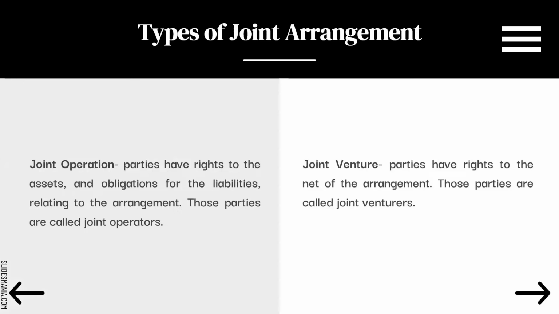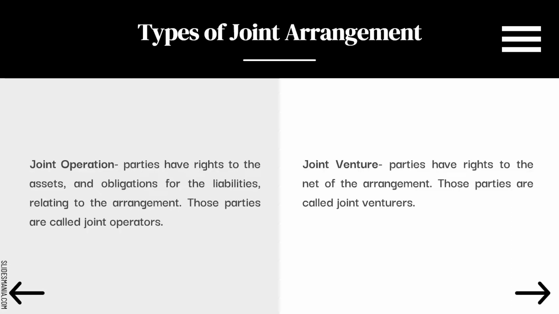So at first glance, if we will check the definition ng dalawa, parang the same sila. Pero pag titignan nating mabuti, meron silang difference. So after ng rights, meron na silang konting difference. So ang pinagkaiba nila, pag sinabi mong joint operations, the parties have direct rights to the assets and direct obligations for the liabilities.